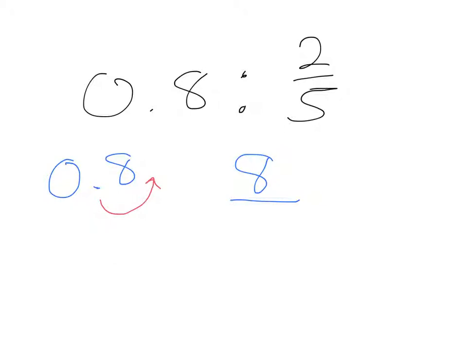Yes, we only moved it one time, but remember decimal movement is always moving by 10 because we're moving a whole place value. So if we ever have to move that decimal one time, my denominator is going to be 10. If we have to move it twice, then it would be like we've moved by 100. 3 times would be 1,000, 4 times would be 10,000, and so on.